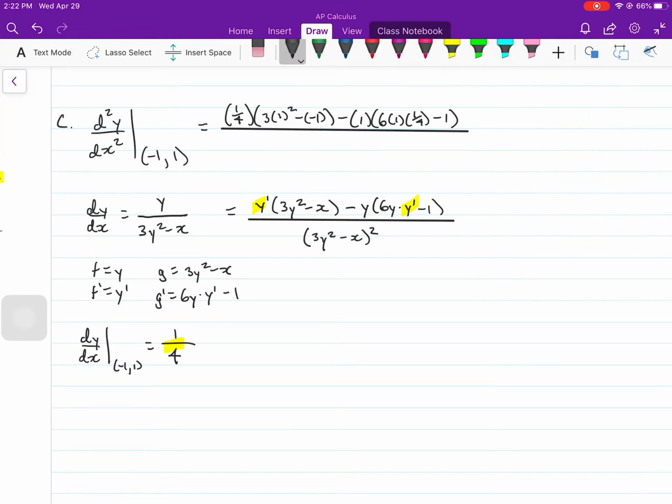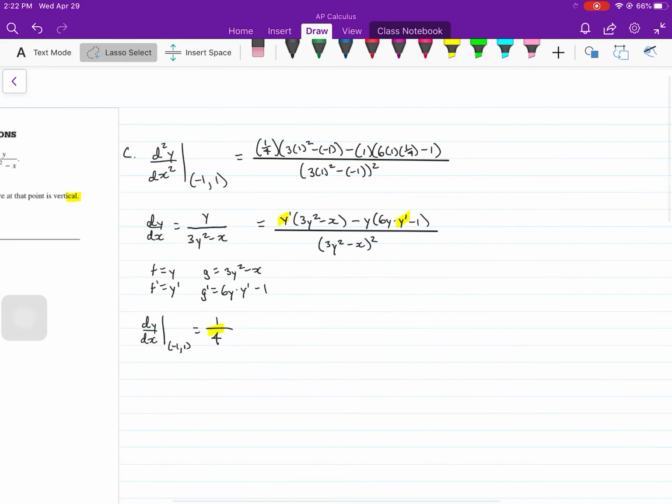Really just a long bunch of work there. And then that's going to be over 3 times 1 squared minus -1 squared. So hopefully we don't get too lost here.